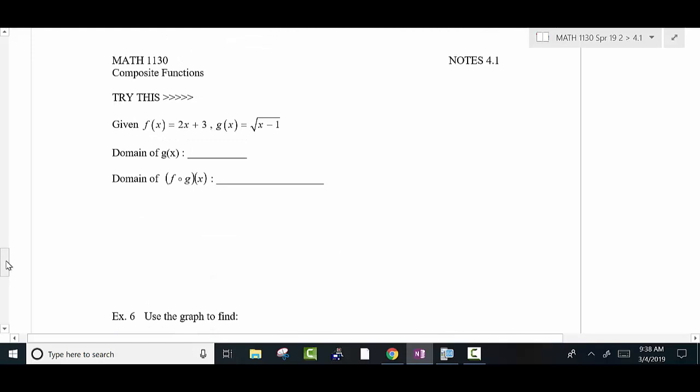Okay, so let's see. I'm going to let you try to do this and see what you know here. So you want to figure out what you think the domain of g of x is. That's a square root. We learned how to do that. And then you want to just do the function composition, see if you can put this together then. So step one is just figure out the domain of g of x.